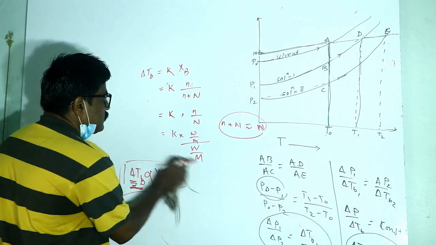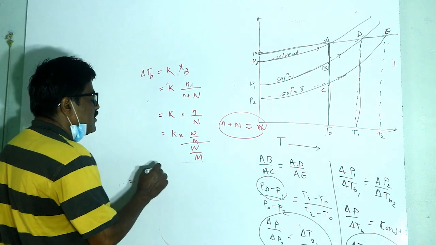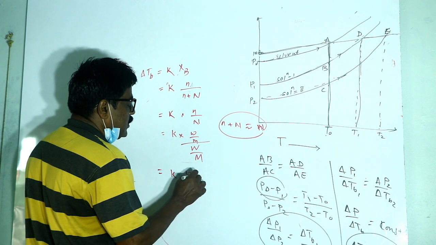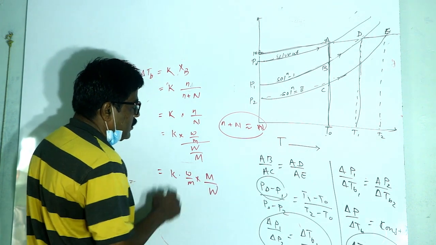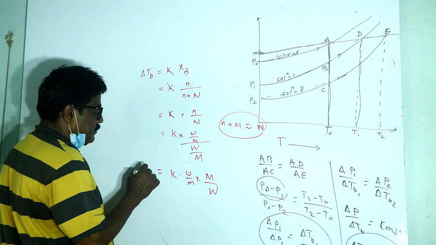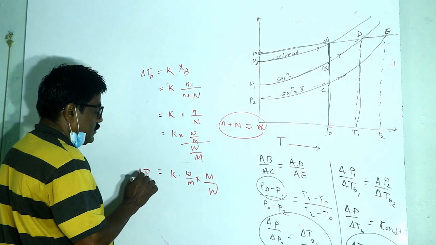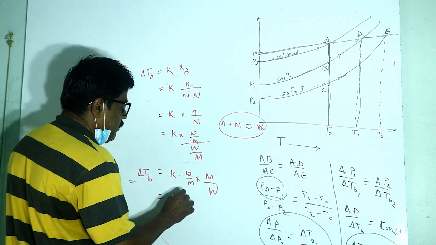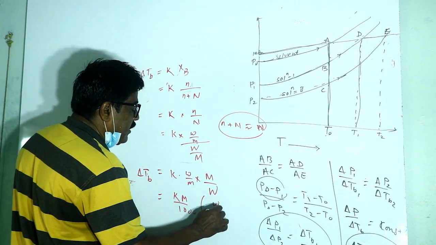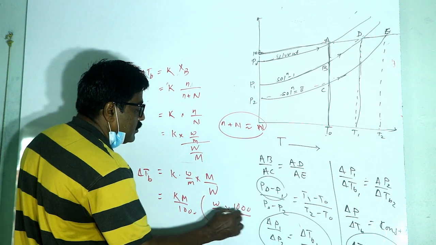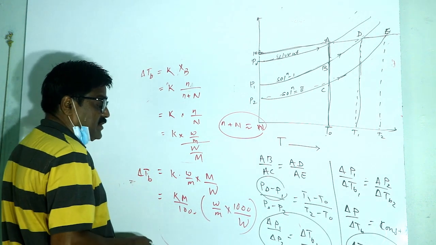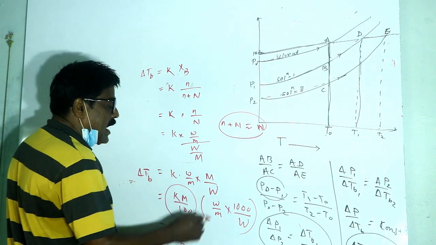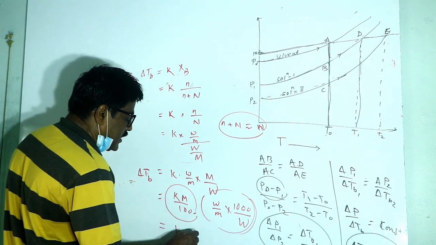Now I can rearrange this as K times w by m into capital M by capital W. Now K M by 1000 times w by m into 1000 by W. You can rearrange this like this, and this may be considered as another constant that is called Kb, and this is called molarity of the solution, let's say M dash.